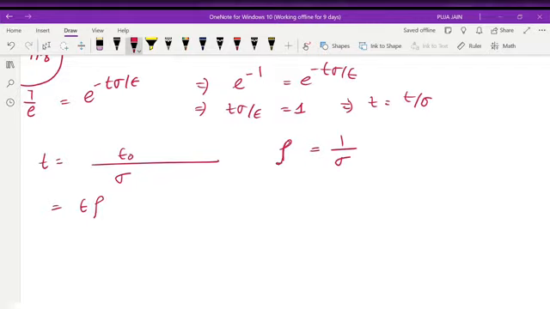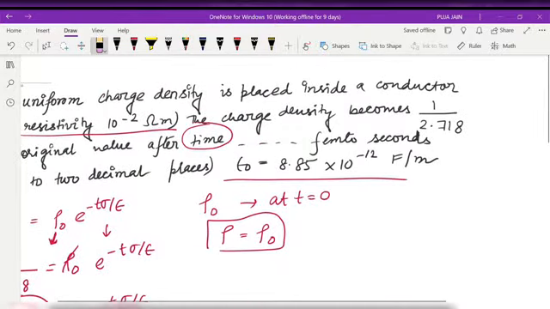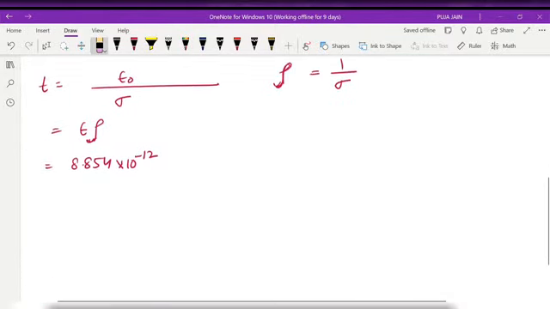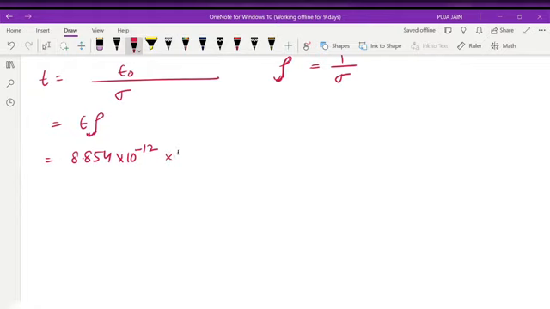This is resistivity. Epsilon is given as 8.854 into 10 to the minus 12, and the resistivity value they have given is 10 to the minus 2. So what we are getting is 8.854 into 10 to the minus 14. The answer they have asked in femtoseconds.